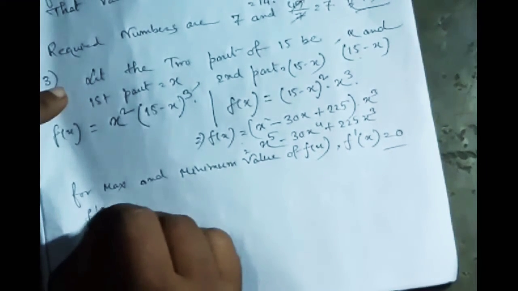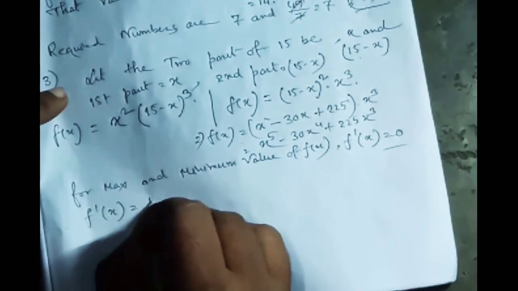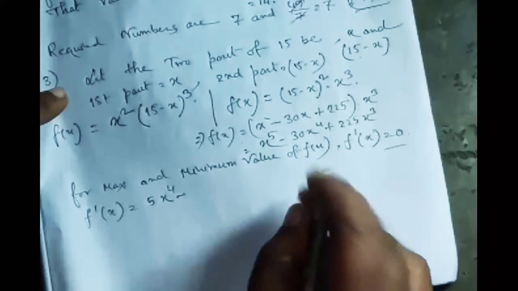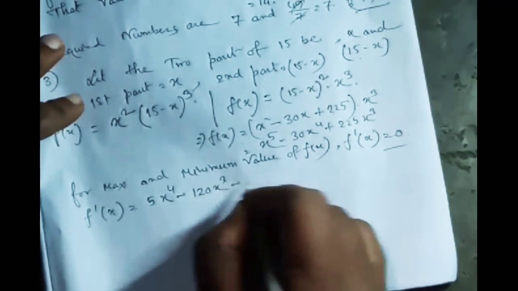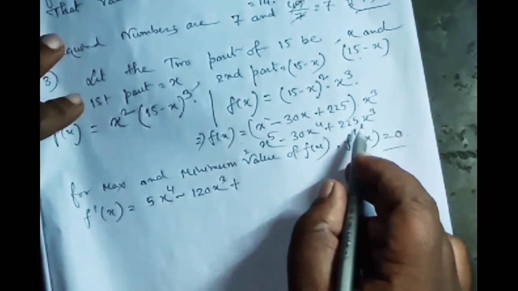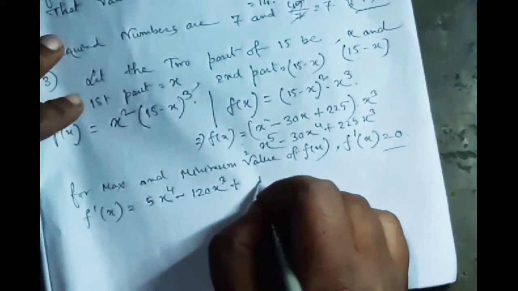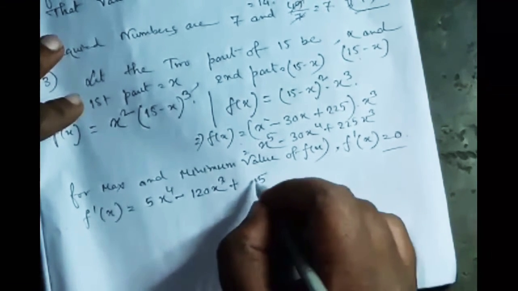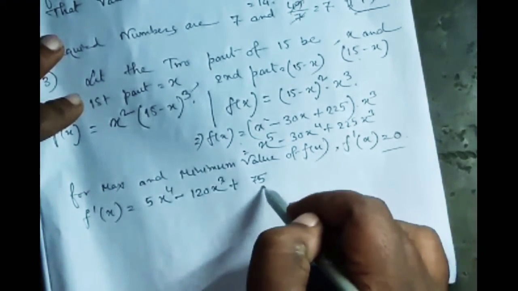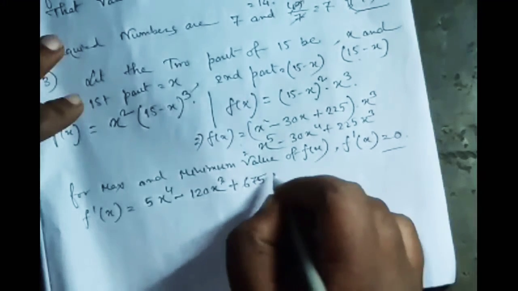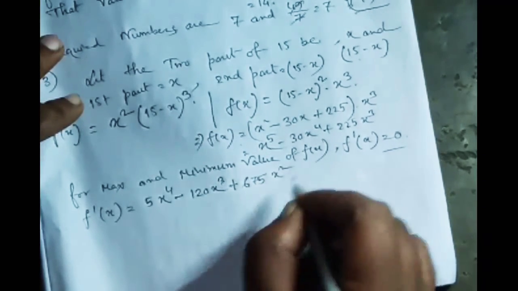So first we have to find f dash x, 5x to the power 4 minus. This is the f dash x.